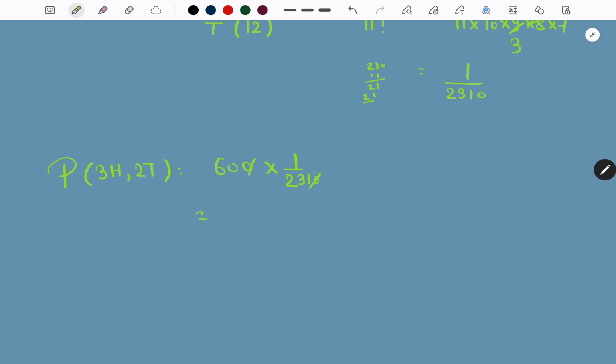This will be equal to 20 by 77, which is approximately equal to 0.25. And hence the conclusion is that the probability of 3 heads and 2 tails will approximately be 25.97% in 5 flips of a biased coin.